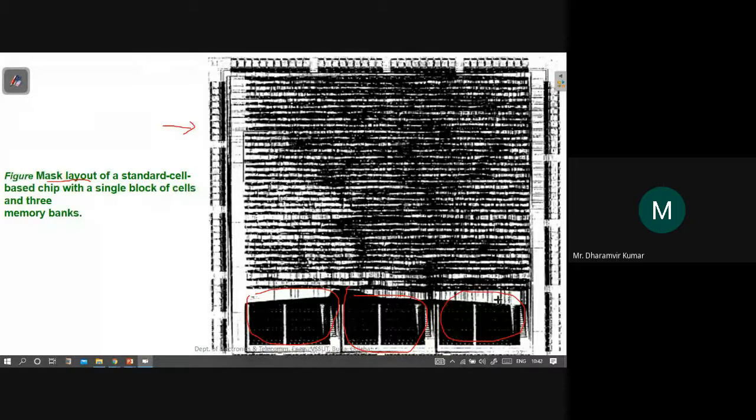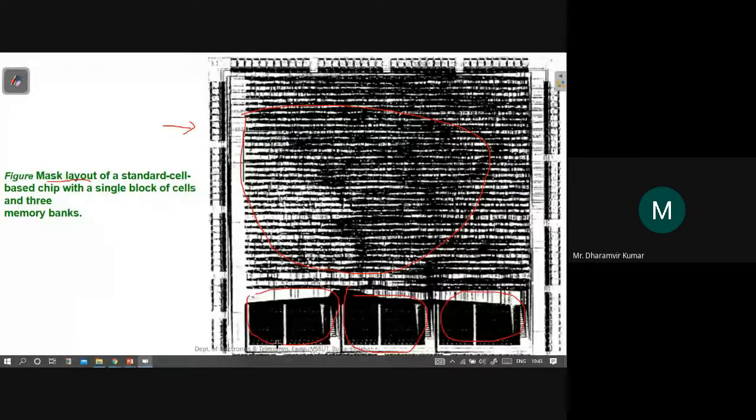Then this is the big area which is containing the block of cells, the block of components which are picked up from the library. Generally these memory banks are pre-designed, and they are also called macro cells.